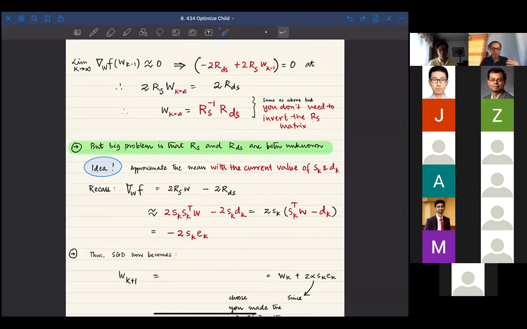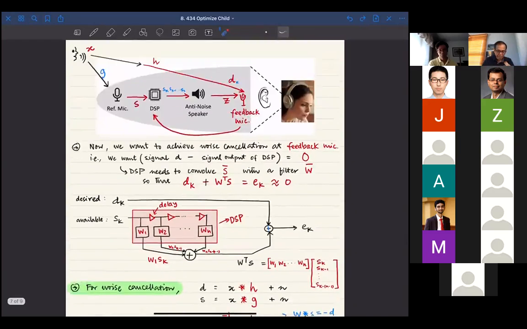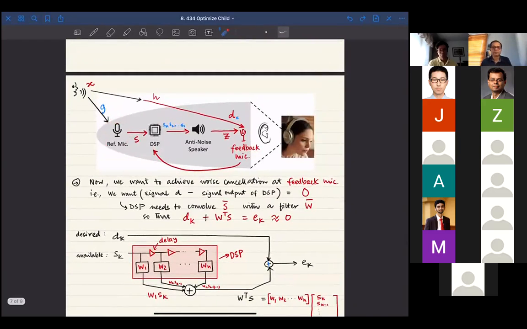Imagine you are the DSP. A signal is coming to you from the reference microphone. Maybe you can figure out RS, because if you keep a buffer of the past, you can see how this signal is correlated over time.